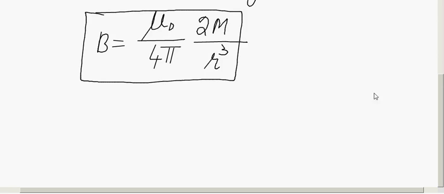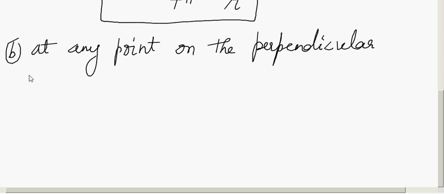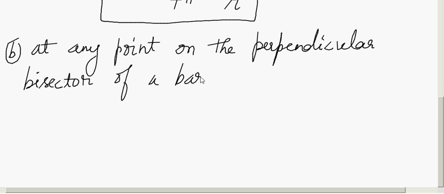Now we will find out another case. Case B, magnetic field B at any point on the perpendicular bisector of a bar magnet.